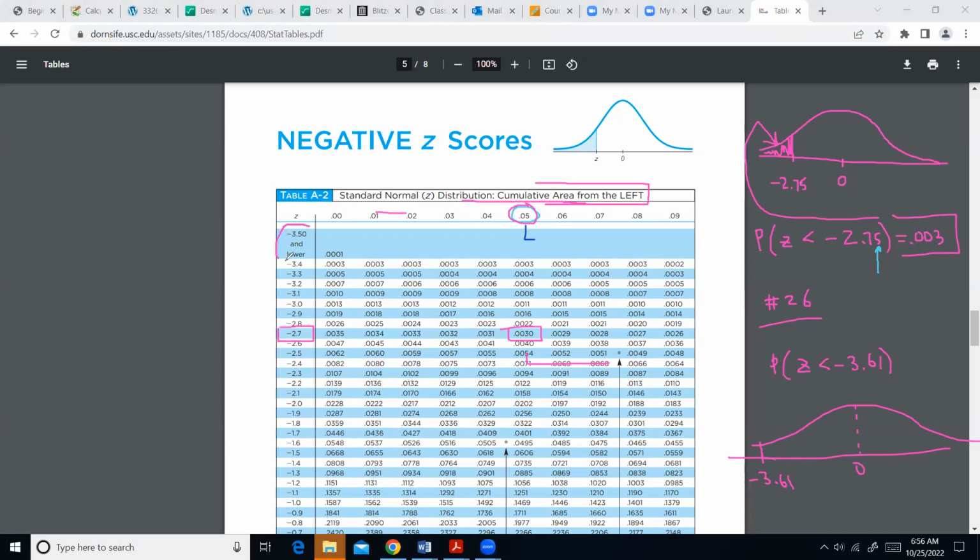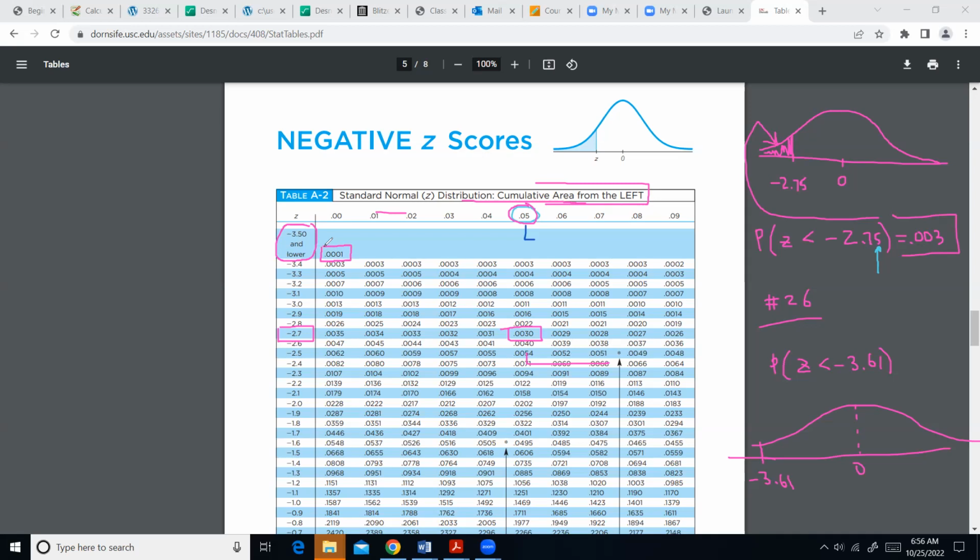What they have is the largest negative number, negative 3.5, but it's not only negative 3.5, it could also be lower.